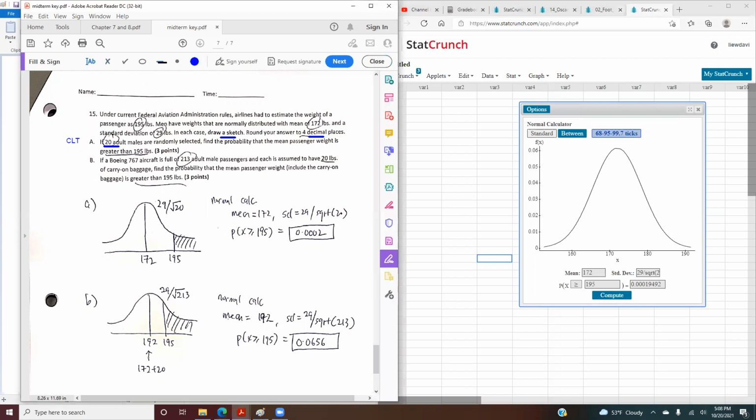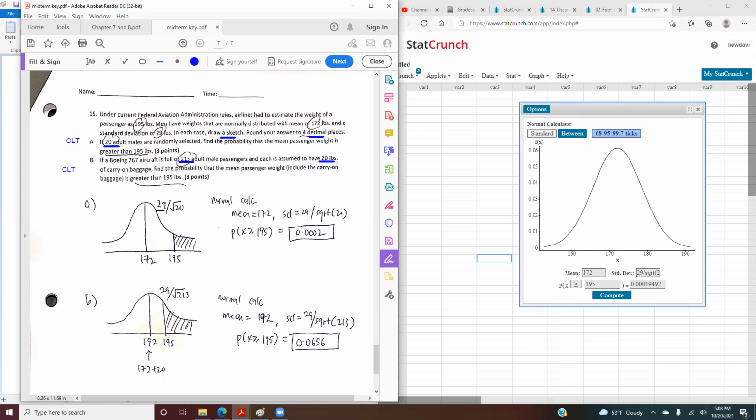Question B, if you read question B, we don't use 20 adults, we use 213 adults because that is how many people usually sit in the plane. This is also CLT because we use this many people. And now everyone has a 20-pound carry-on.